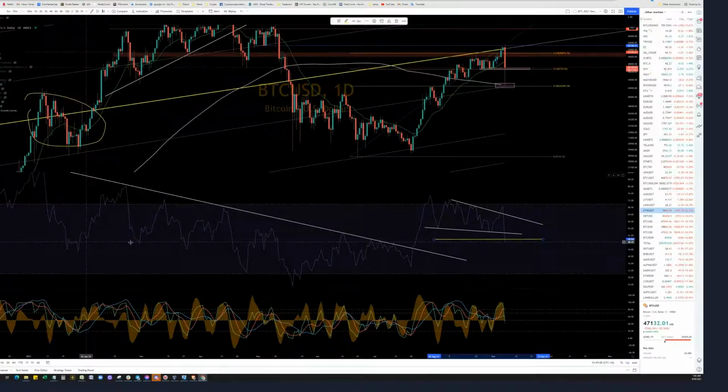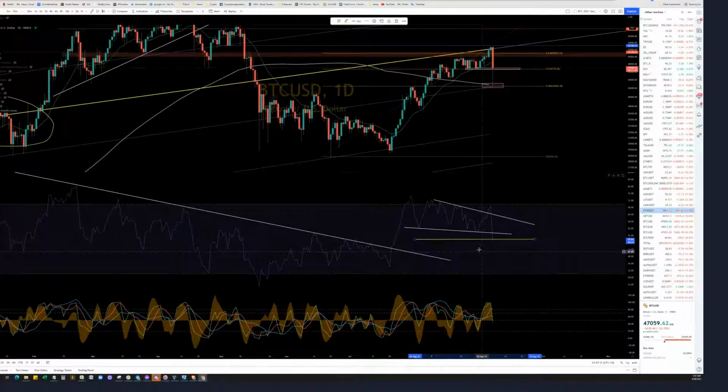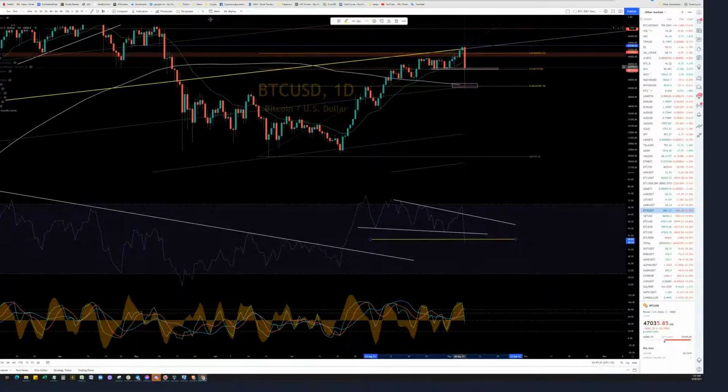It never really stayed below it, but it's a threat to the trend. So this is a threat to the trend on the daily if it stays below it, but I suspect it's not. And this pretty much is saying that the pressure is still to the upside. We just need to see how this daily closes.